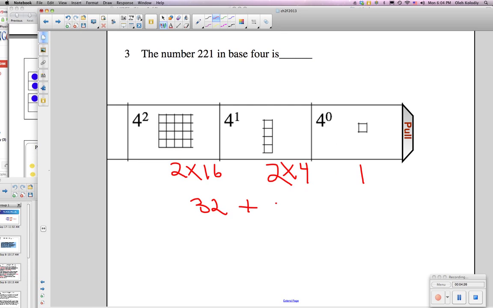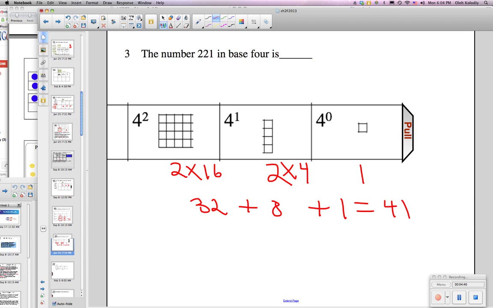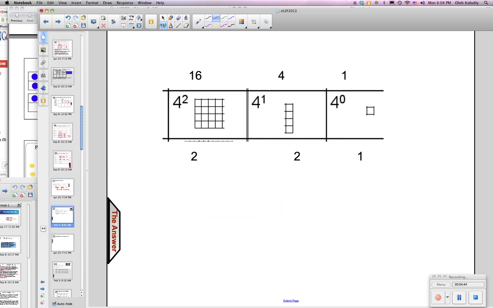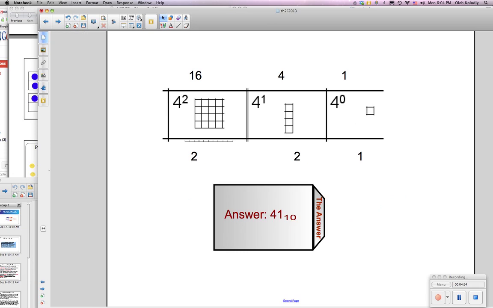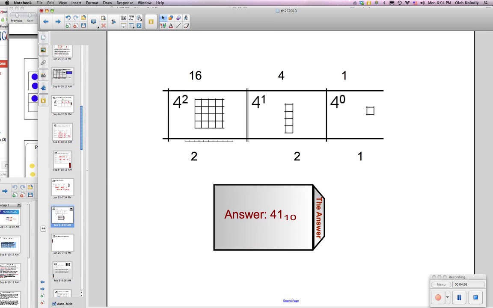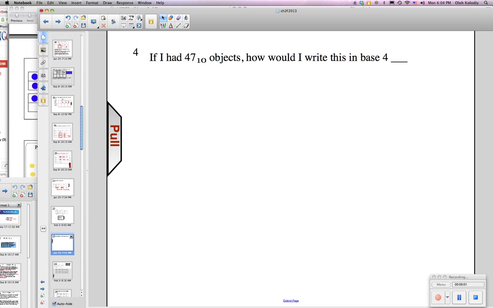So 2 16s, 2 4s, and 1 more. 2 16s is 32, plus 8, plus 1 equals 41. Here you'll see the answer, 41 in base 10.